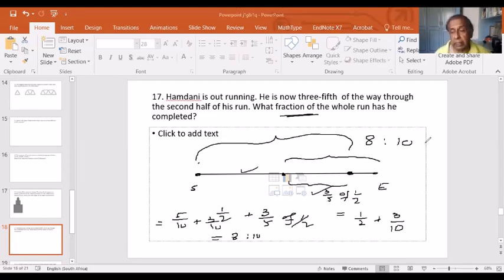So what fraction of the whole has he completed? 8:10. This is the same as 4:5, because 8/10, both are even, so you can cancel the 2's. So observe, 4:5 is the same as 4/5. 8:10 is 8/10. See? So the answer to the question is 4/5.